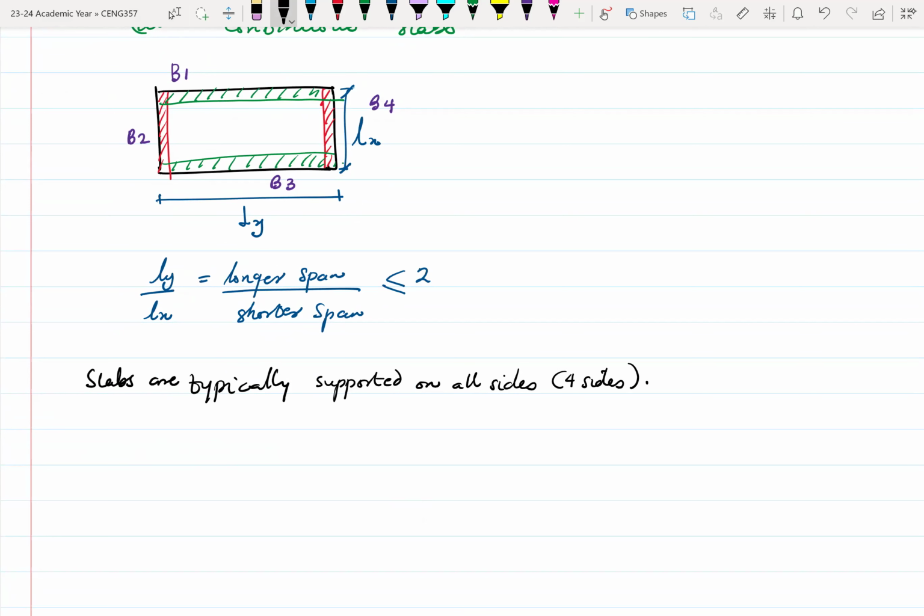And because of that, it is more economical to design slabs on this basis, the fact that they usually have support on all four sides and are effectively spanning in two directions.